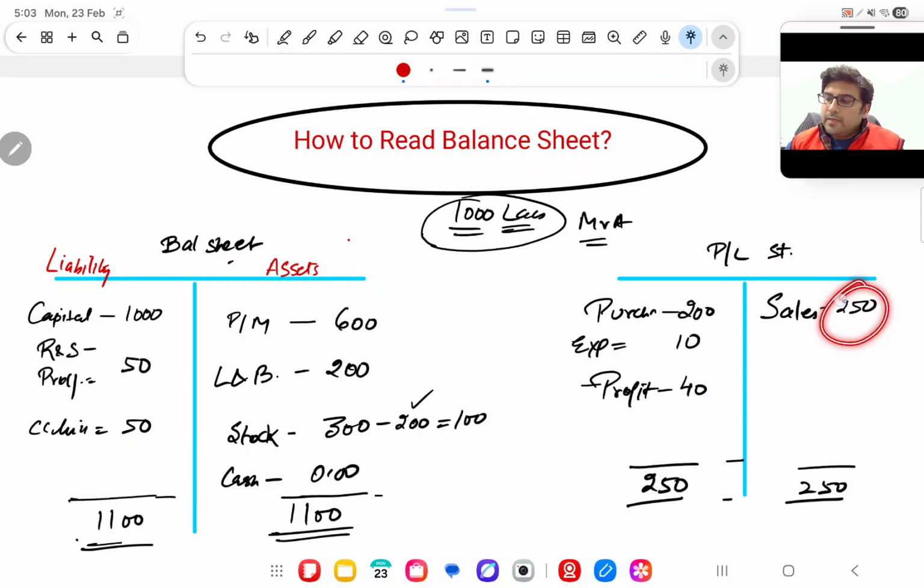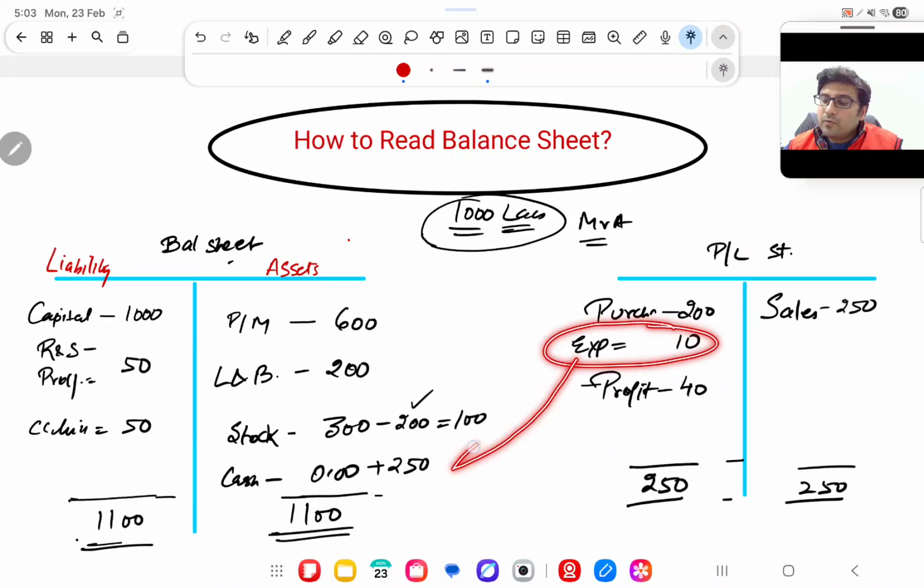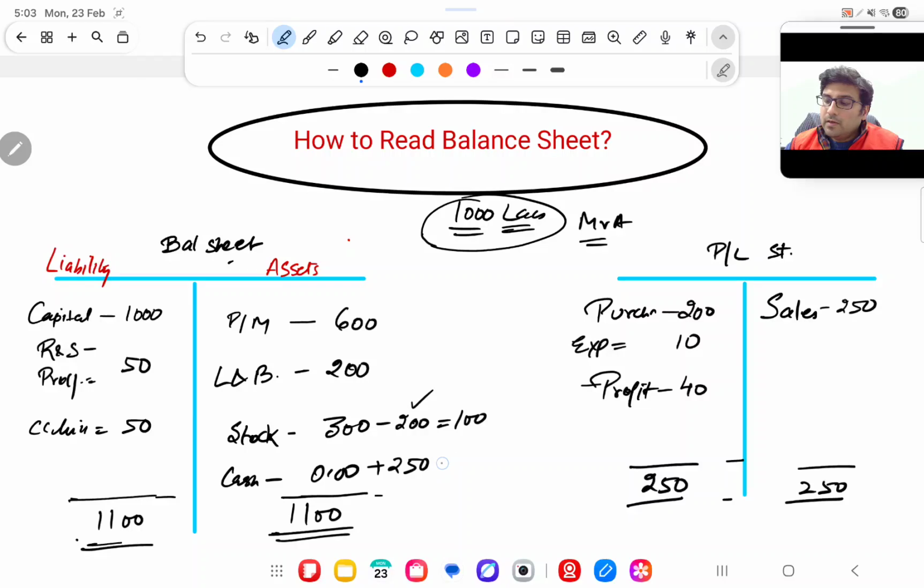So this 250 will be coming as cash and it will increase our cash position. What will be the revised cash position? It will be 0 plus 250. Now one more thing, they have paid expenses of 10. This will also go from the cash balance itself. So now the cash balance will be 250 minus 10. So the final figure will be 240.